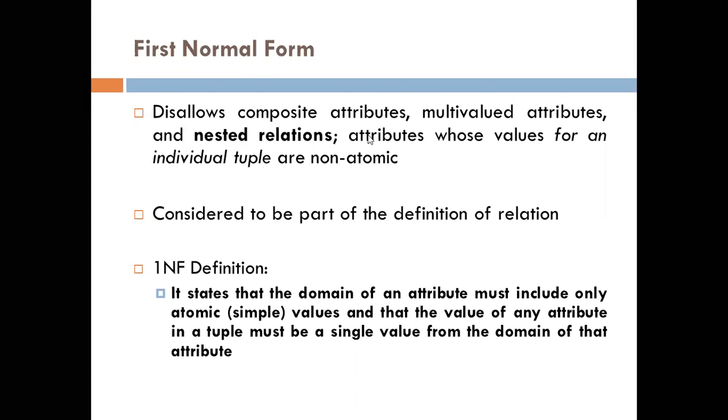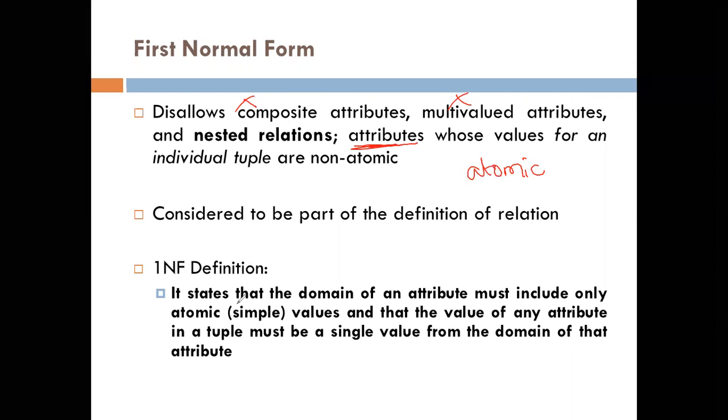Atomic means it cannot be further divided. So we'll design or select our attributes such that they are atomic. When we select the attributes for our table, simply ignore composite attributes and multi-valued attributes. That's it. It becomes first normal form.